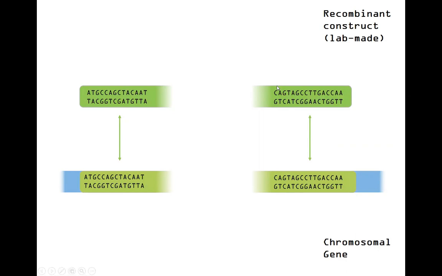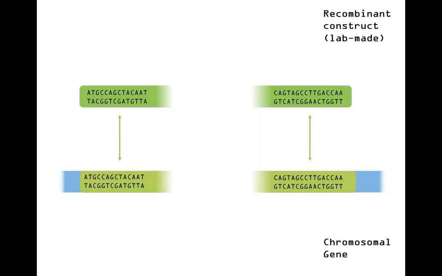And at the 3' end of this, you can see that this is going to be the same sequence. So we have to have at least a region that will be similar. It probably needs to be a little bit longer than this, but this is just an example.